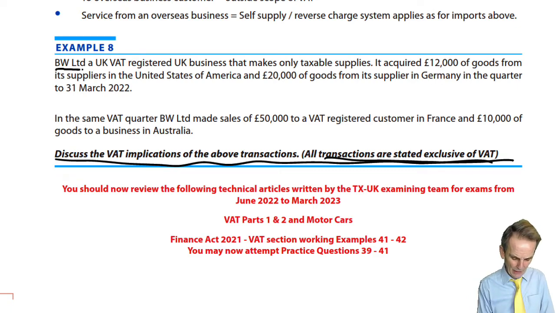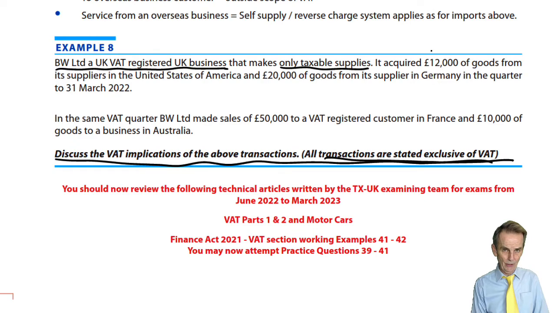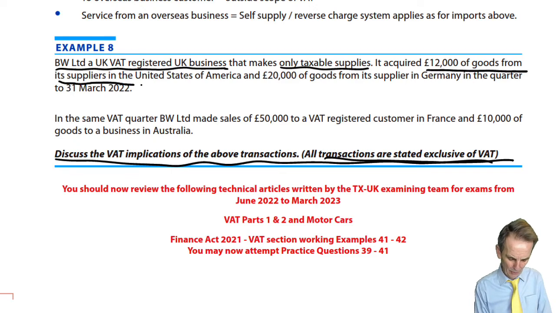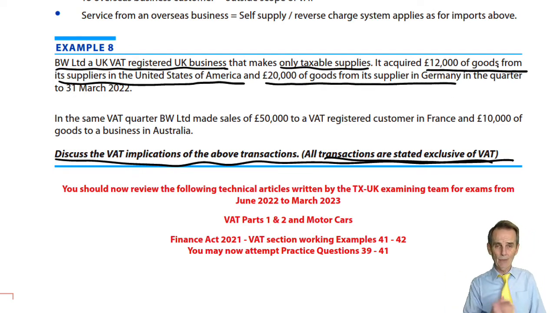So we're dealing with BW Limited, a UK VAT registered UK business that makes only taxable supplies, no exempt supplies. It acquired £12,000 of goods from its suppliers in the United States of America and £20,000 of goods from its supplier in Germany. Last year, that would have mattered.